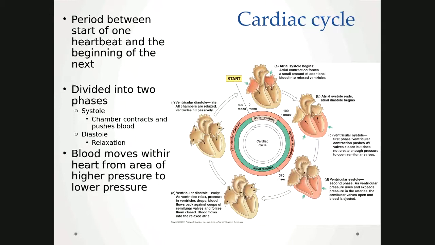Okay? And so if we use our EKG and the electrical changes to tell us when we're going to see physical changes in the heart, a cardiac cycle is going to start during a P wave on the EKG. A P wave, remember, represents when the SA node has initiated rapid depolarization of all of the cells of the atria, and all of the cells of the atria start to contract.